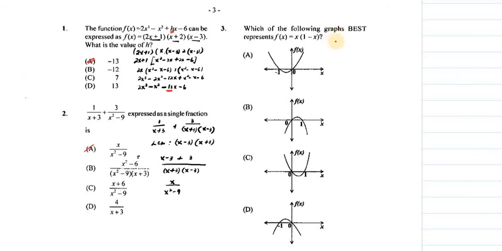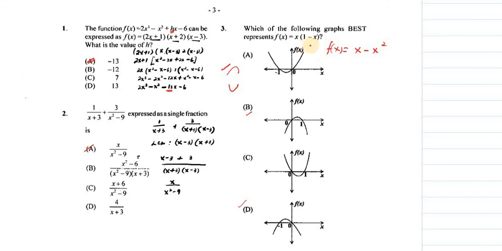Now I'm going to check to see if the graph is a maximum or a minimum. So f of x, expanding the bracket now, is x subtract x squared. So the x squared term is negative, so my graph is a maximum graph. So my answer choices are either B or D.